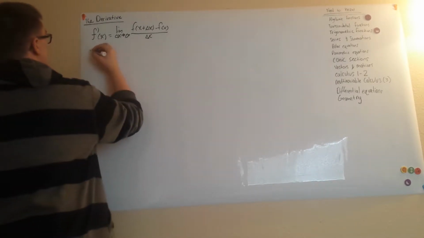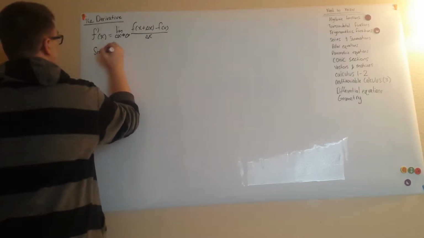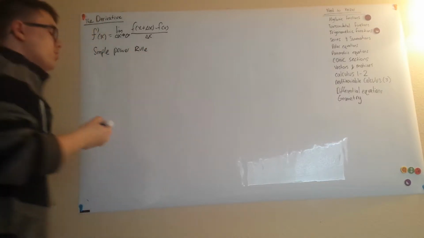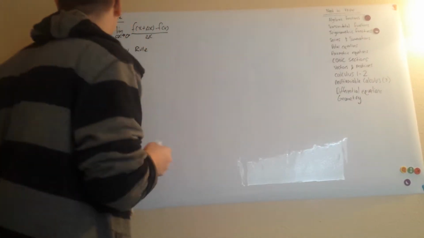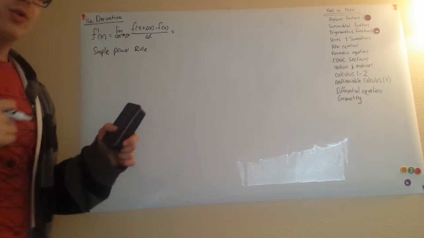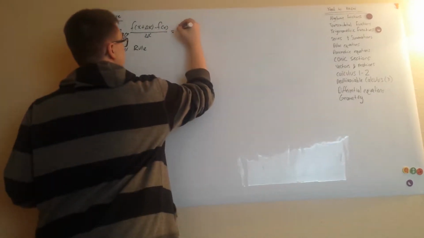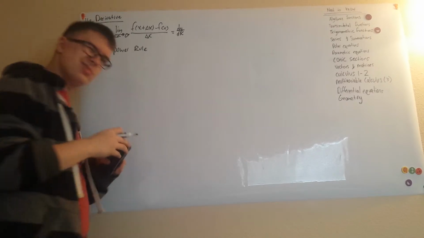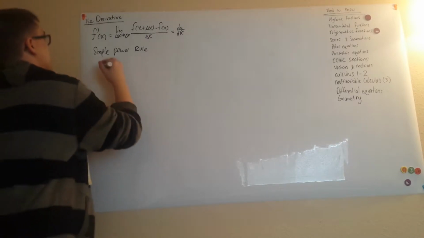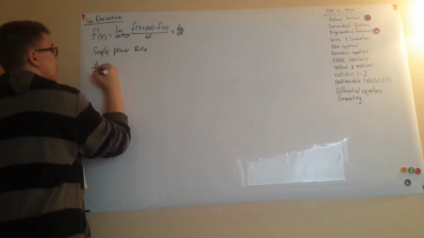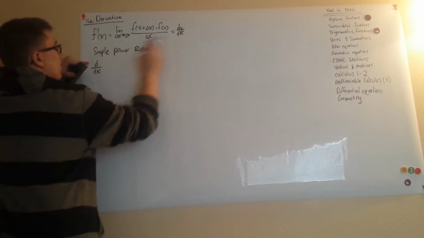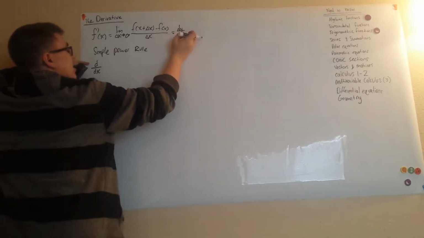So, this is called the simple power rule. And I'm going to introduce different notation. F prime of x can also be written as dy dx. And this is fun because it makes the pronunciation: the derivative of y with respect to x.